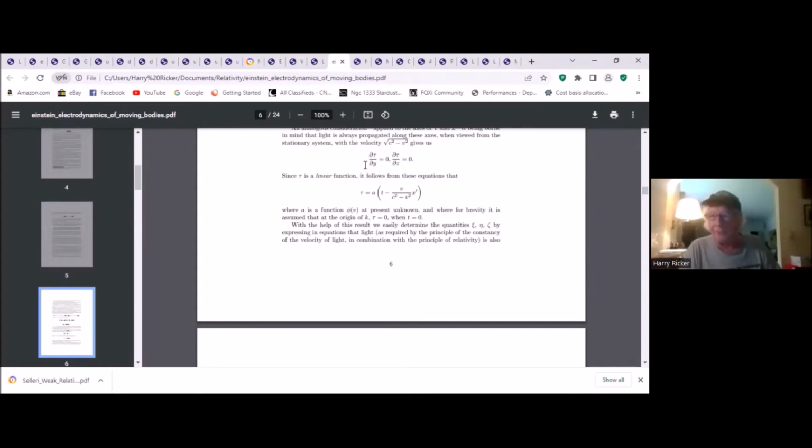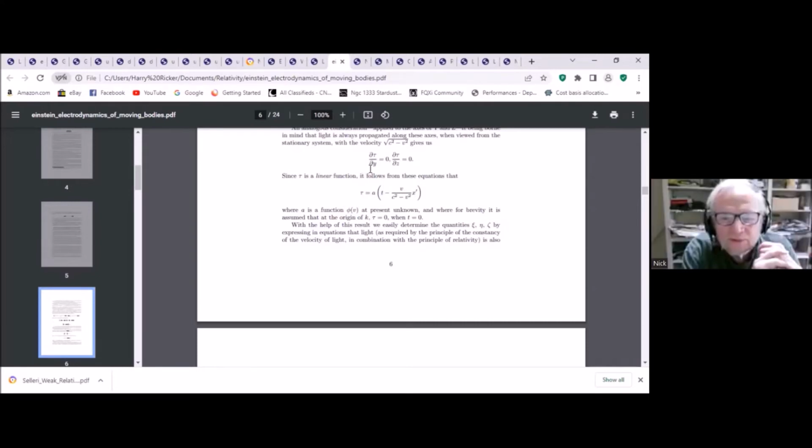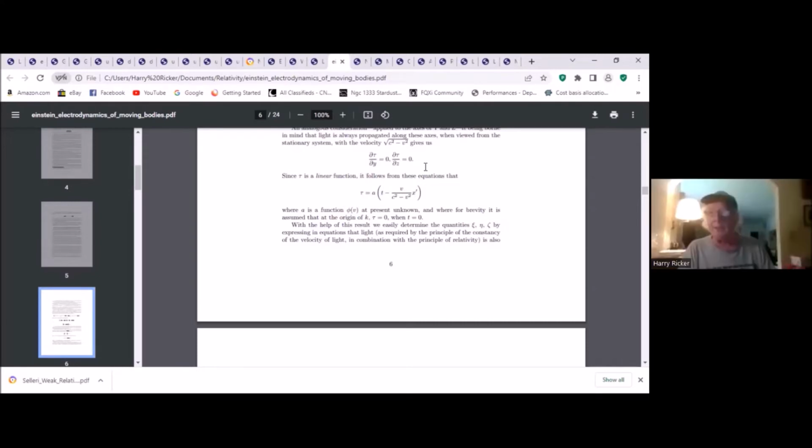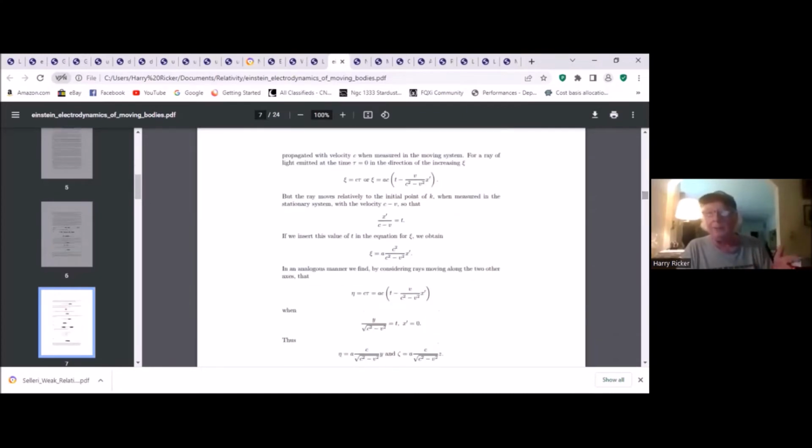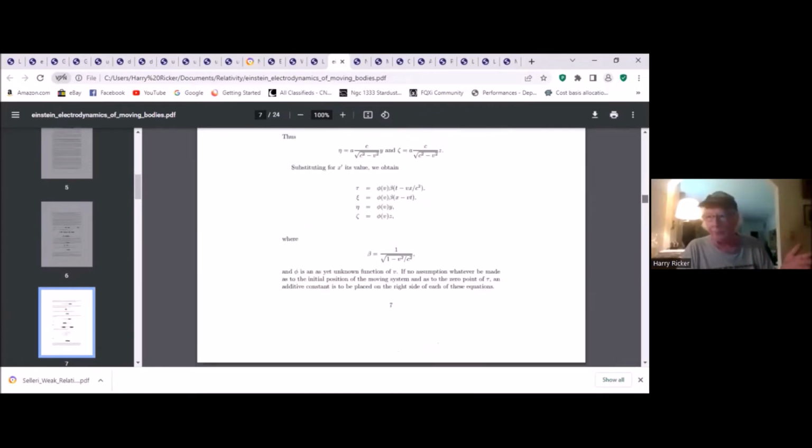It kind of seems like he's just pulling this stuff out of thin air, claiming that his theory is based on the two postulates, but he basically knows the answer from Lorentz beforehand, and he's just cooking up some excuses to get the answer that Lorentz got, and make it sound like his two principles actually do produce the Lorentz transform.